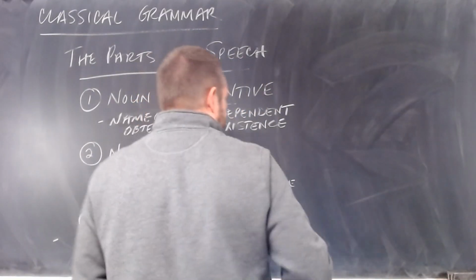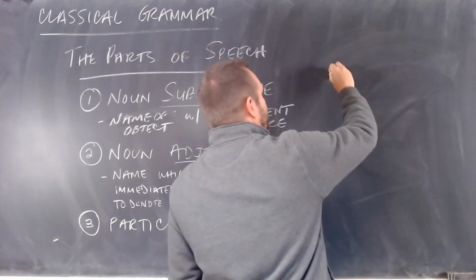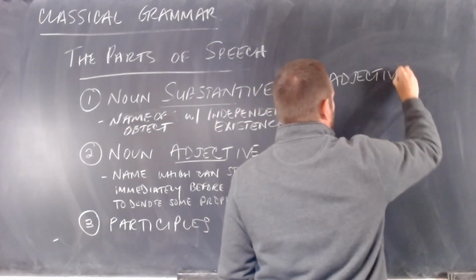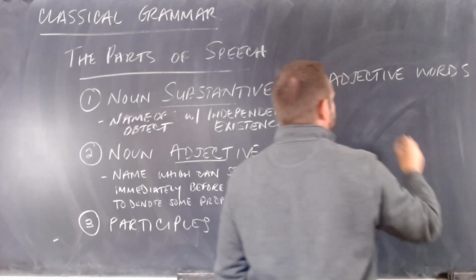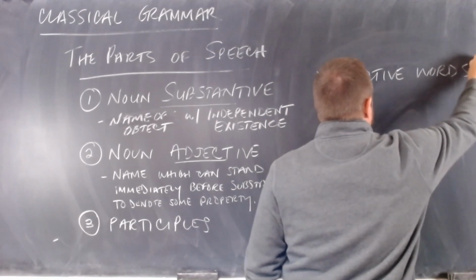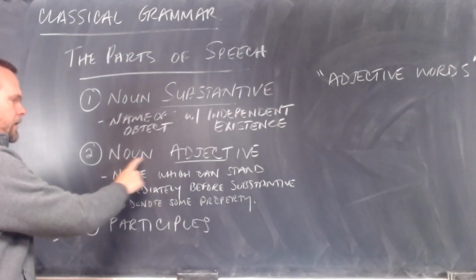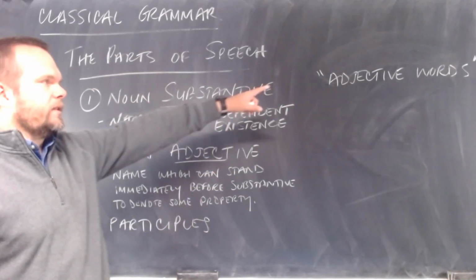This is one thing that's confusing in grammar books that I don't think teachers ever explain. What that little note on paragraph 9 says, adjective words. We have two different things here. Noun adjectives are one kind of adjective word.